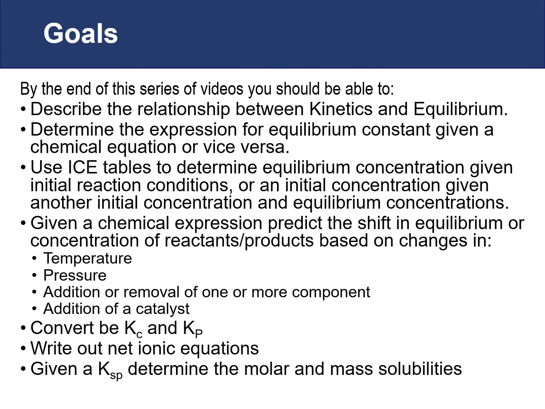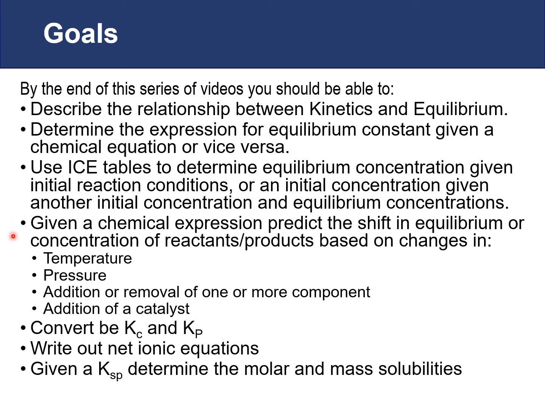The learning objectives for this series of videos are that you should be able to describe the relationship between kinetics and equilibrium, determine the expression for the equilibrium constant given a chemical equation, and use ICE tables to determine equilibrium concentrations given initial reaction conditions, or an initial concentration given another initial concentration and the equilibrium concentrations.